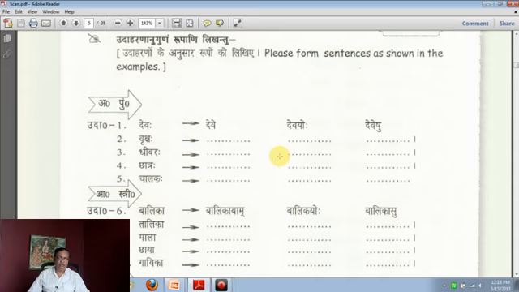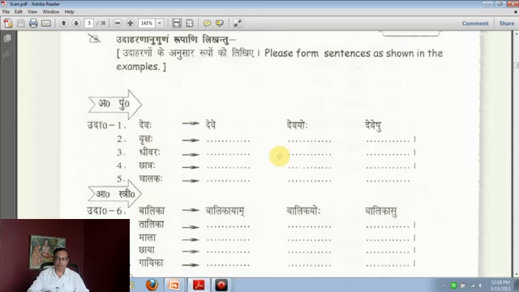So Deve, Devayoho, Deveshu. Deva Shabda in Saptami Ekavachana, Dvivachana, singular, dual, plural will be done like this. You can do the next one as Vrikshaha, Vrikshayoho, Vriksheshu.